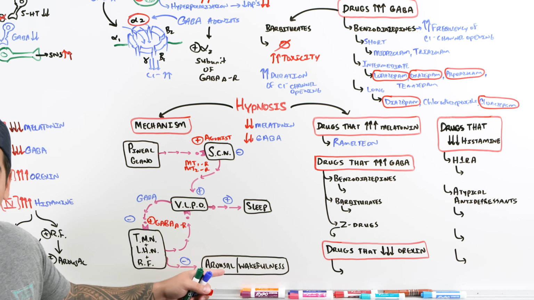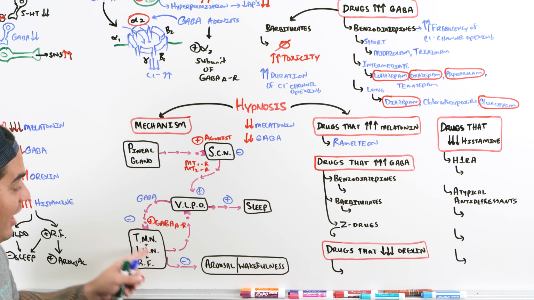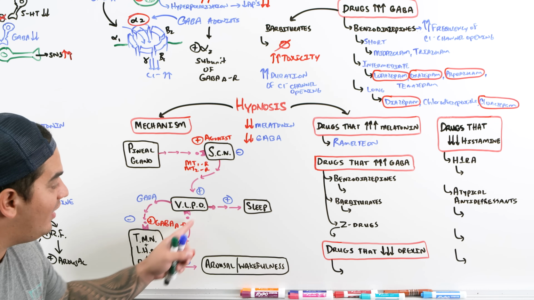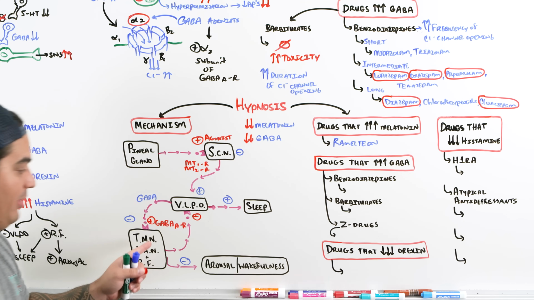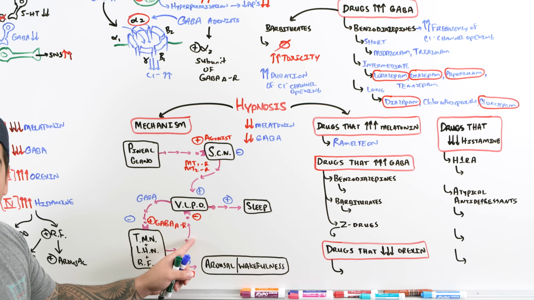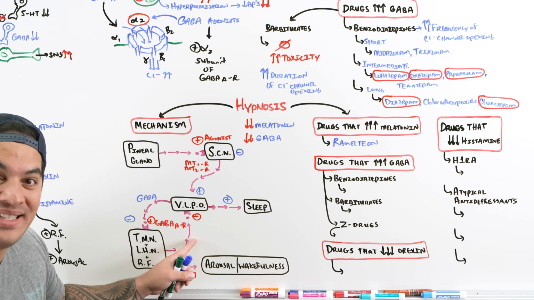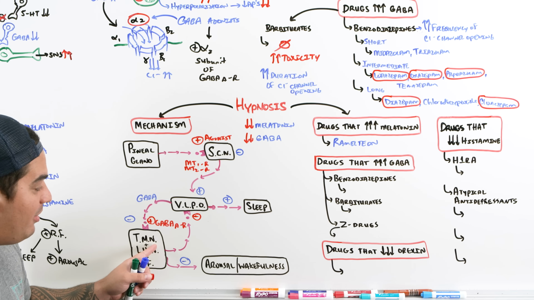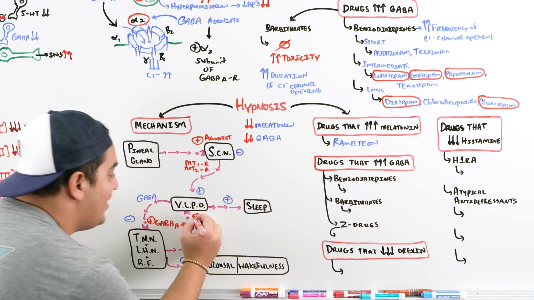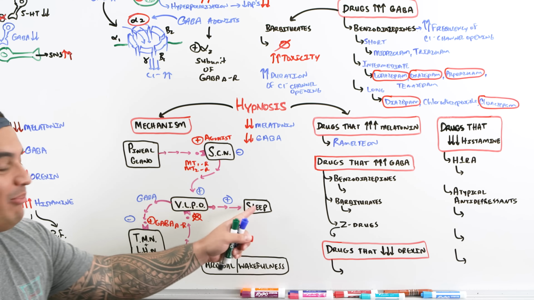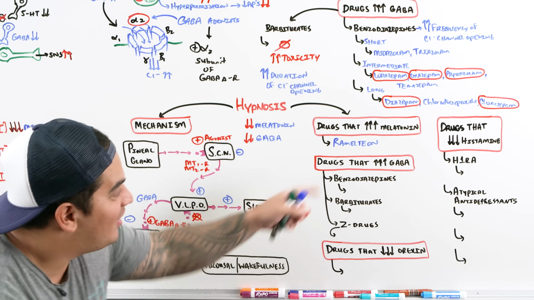So now this patient won't be able to stay awake. On top of that, if you inhibit the reticular formation, it can't release those factors that naturally are supposed to inhibit the VLPO, right? Because it releases things like orexin and histamines. But if you inhibit the reticular formation, it can't release those chemicals to inhibit the VLPO. So the VLPO stays active and promotes sleep. That's drugs that are going to increase GABA.